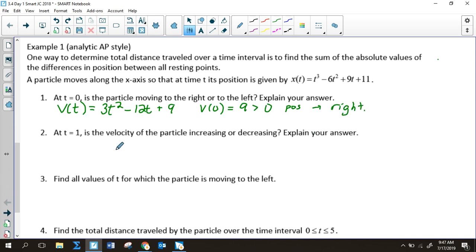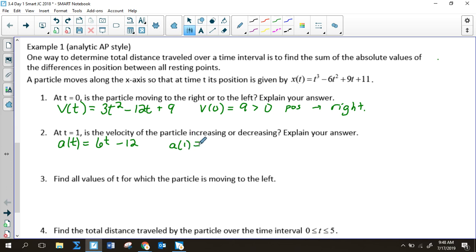Okay, so now the second question says, is the velocity of the particle increasing or decreasing? Remember, increasing or decreasing velocity is related to the acceleration. So I need the acceleration of this function, which means I need the derivative of the velocity. The derivative of the velocity is 6t minus 12. I now want the acceleration at time equals 1.